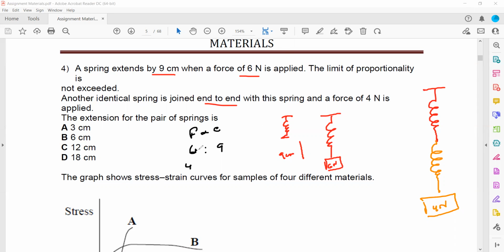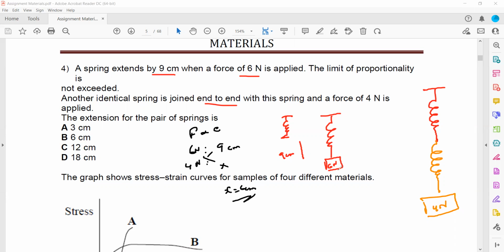If there is a force of 4 Newton, how much extension will be there? X, cross multiply. What is the extension for each spring? It will be 4 multiplied by 9 divided by 6. So 9 multiplied by 4 is 36, and 36 divided by 6 is equal to 6. So X will be equal to 6.